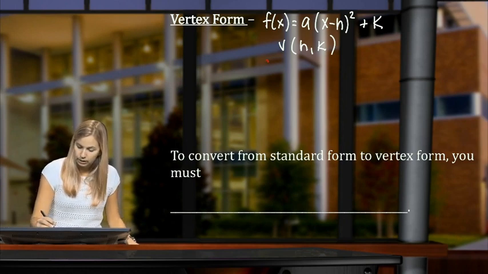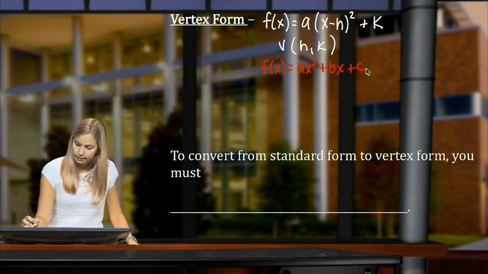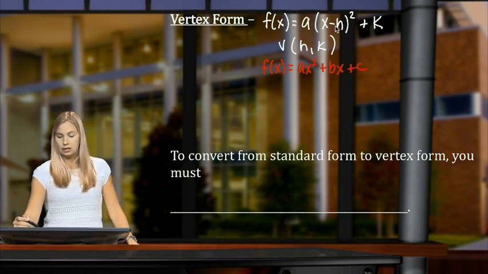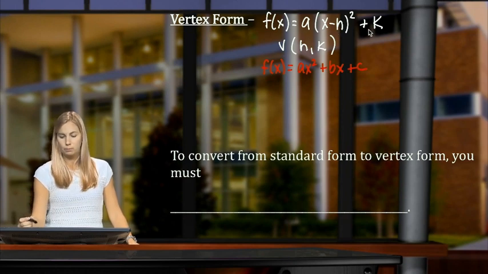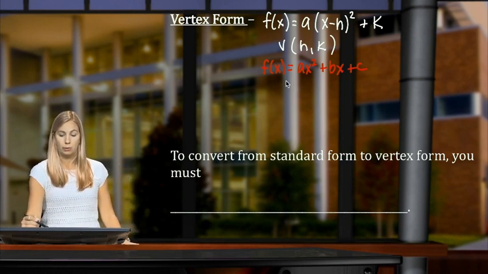Let's compare this quickly to our standard form, ax squared plus bx plus c. Obviously, we see that there's an h and a k in our vertex form, but we do have an a in our vertex form, just like we have an a in our standard form. Those two values are exactly the same. That value doesn't change regardless of the form that we're in.